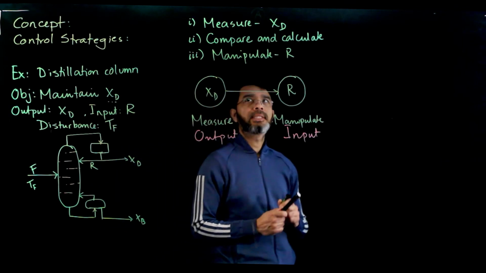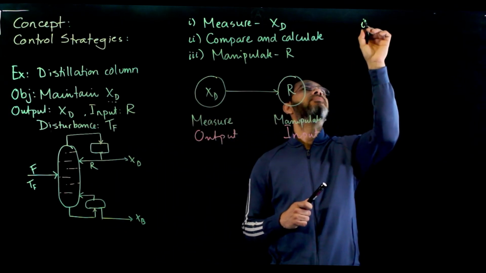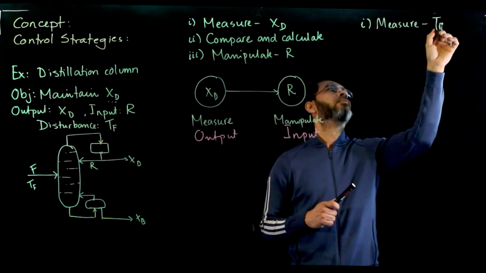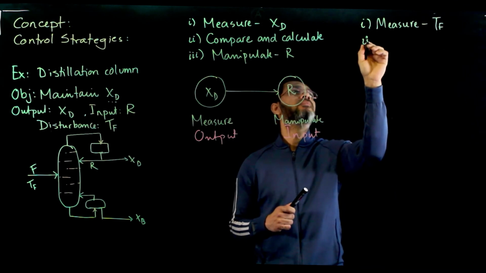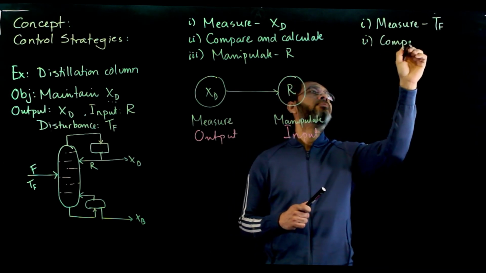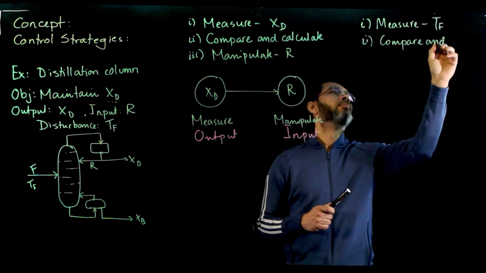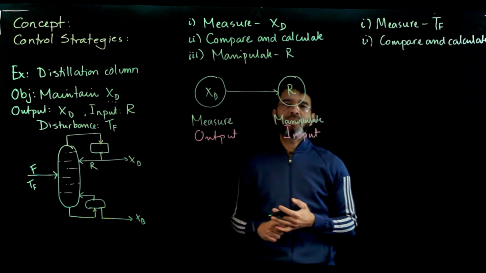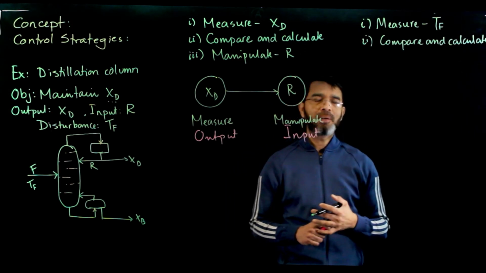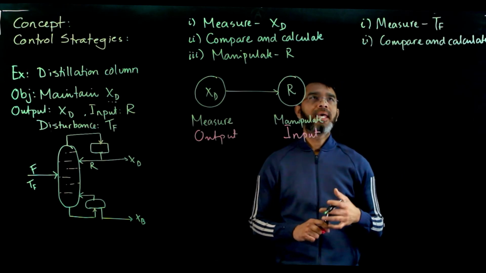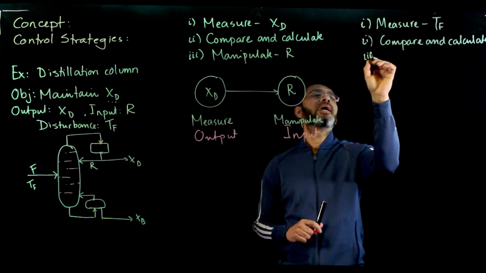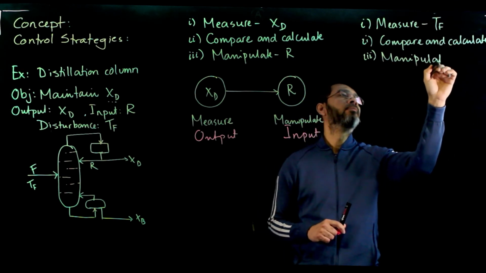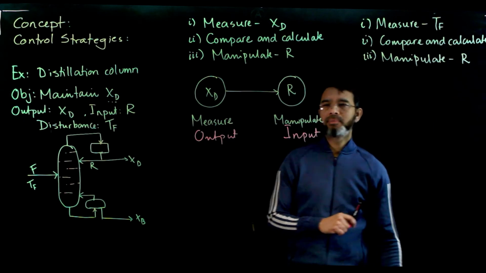So for the second strategy, you can measure the feed temperature, do some comparison and calculate what needs to be done, meaning how much change you need to make in the reflux flow, and then manipulate the reflux.